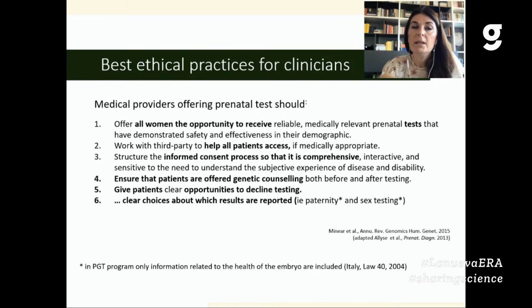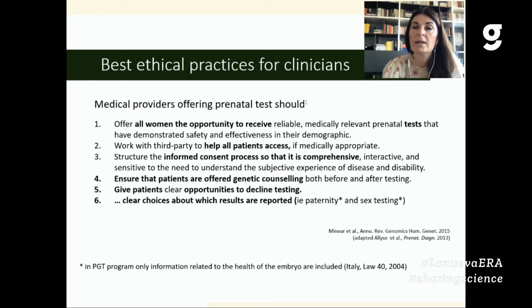I strongly believe that patients should be informed about this possibility, especially depending on the patient's age or the infertility factor. Patients should also be able to refuse the test.